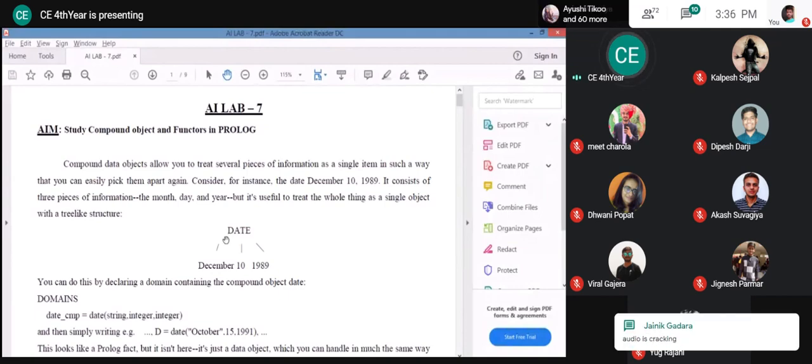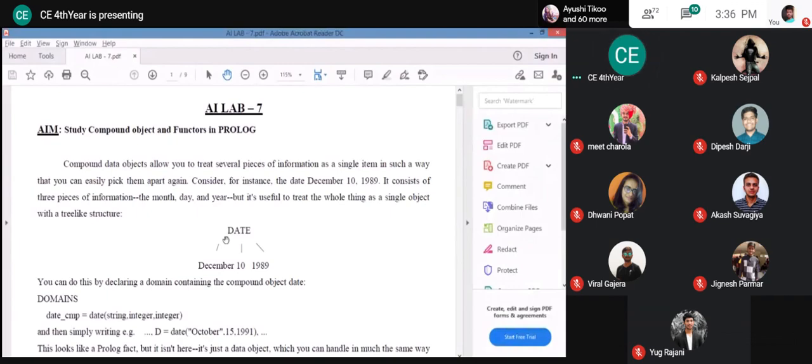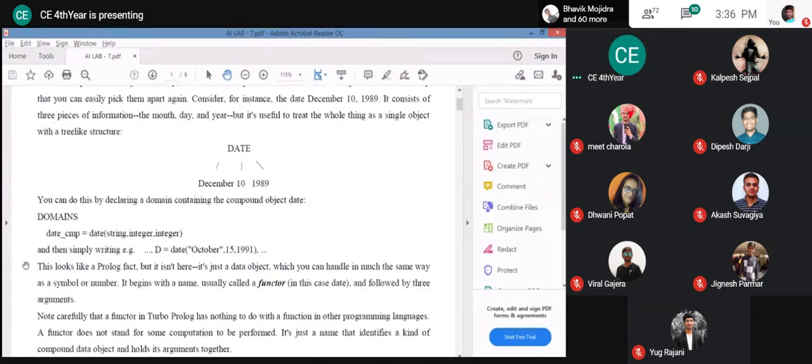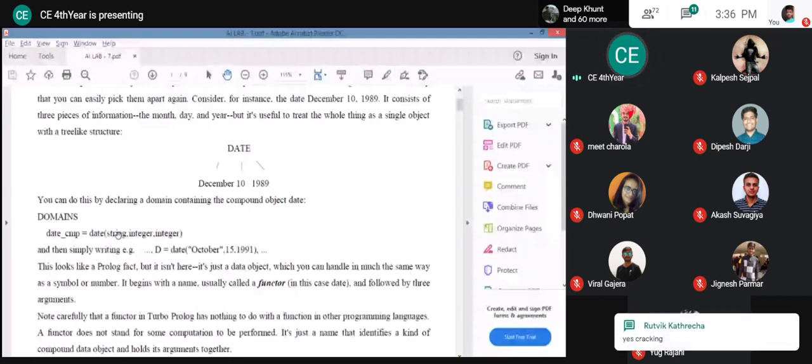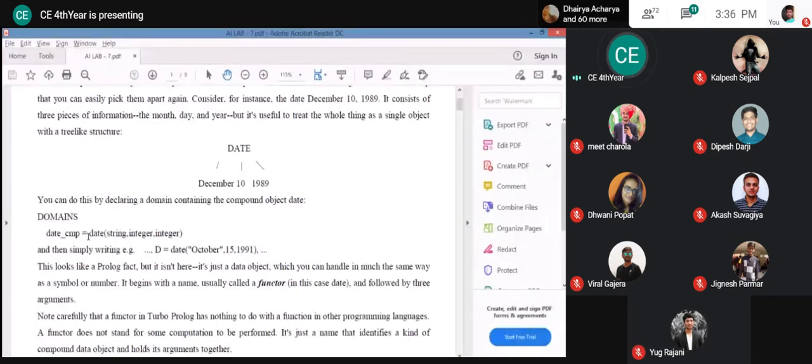How can you write this in Prolog? You can do this by declaring the domain containing the compound object date. Instead of writing individual month, day, and year, you create one compound object, date, and then in brackets in the domain portion, month is a string, day is an integer, and year is an integer.